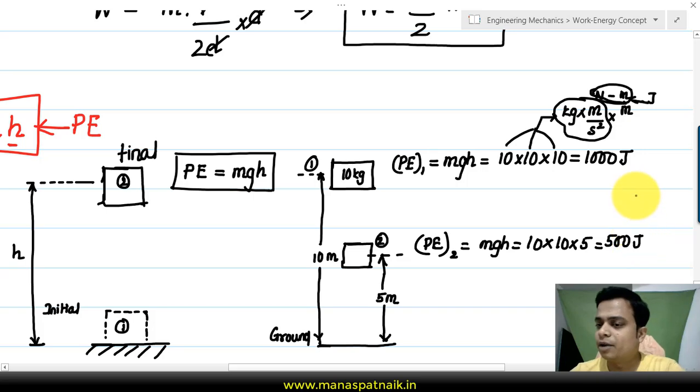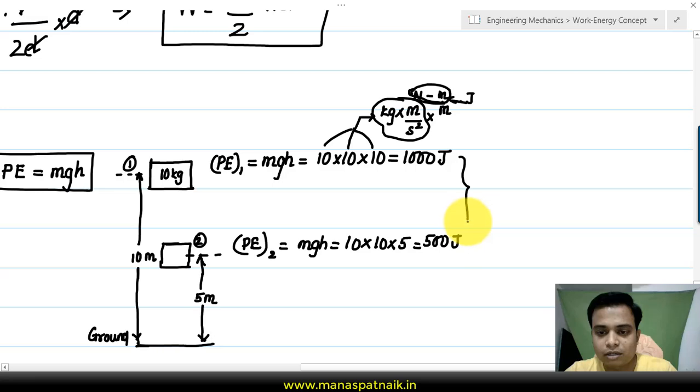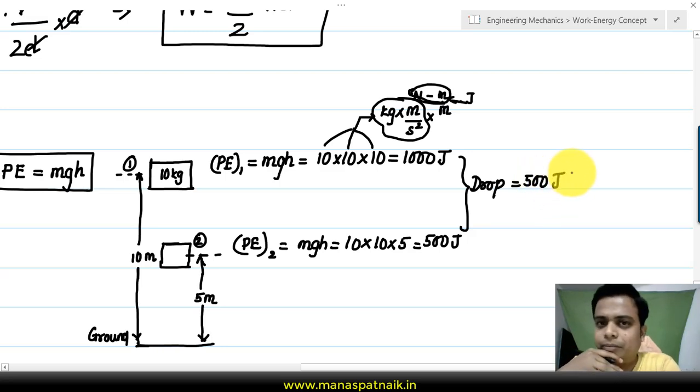Oh, that's strange. I don't know whether you have been able to work out this strangeness or not. You can clearly see that there has been a drop of how much? 500 joules. That's interesting. Strange, isn't it? Now you must have heard about the conservation of energy, something I've been listening to since 5th grade, 6th grade, that energy can neither be created nor be destroyed.